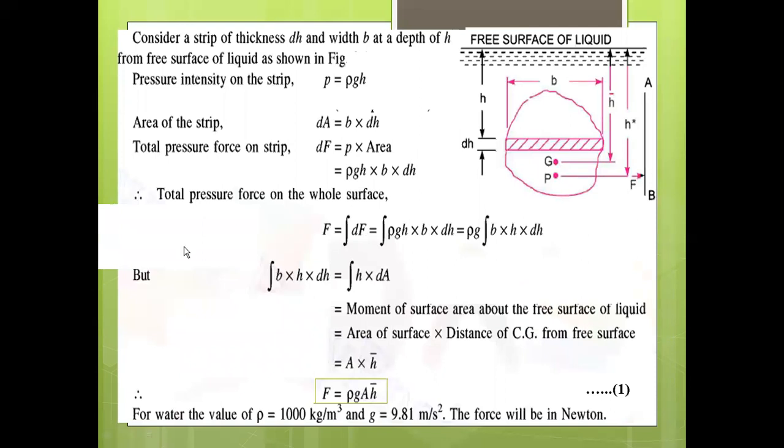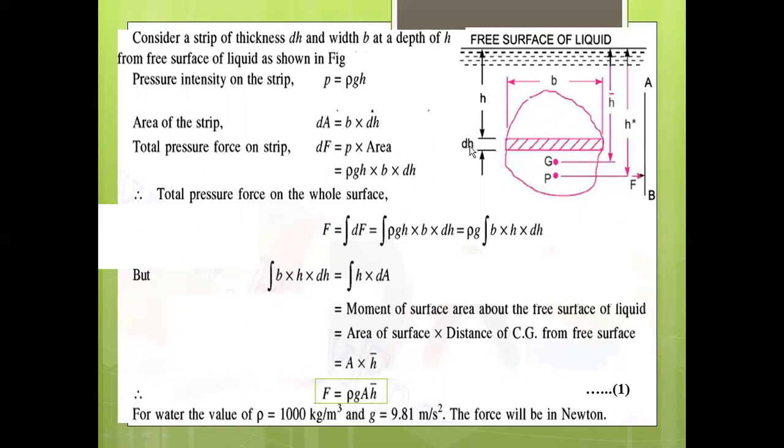Consider a strip of thickness dh as shown in the figure, having the width b at a depth of h from the free surface of the liquid. Then the pressure on the strip, that is p, is equal to rho into g into h.